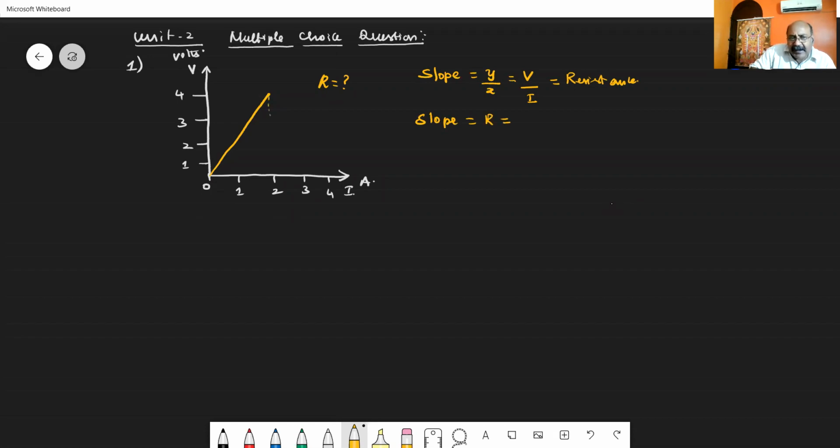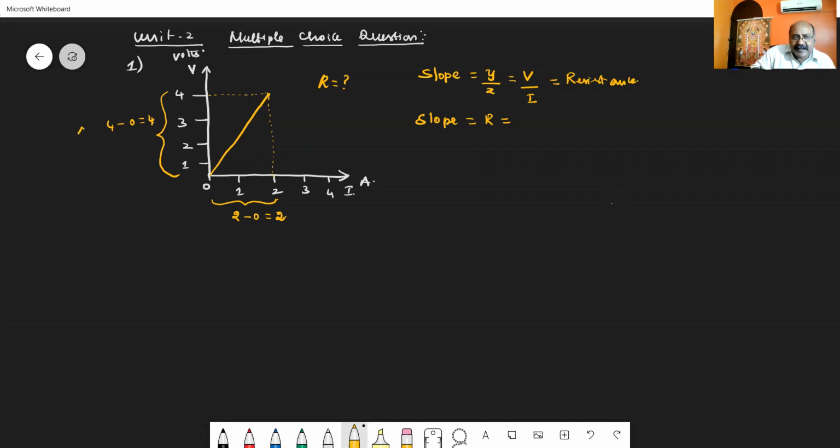Say I am dropping a perpendicular from this end to the x-axis and another perpendicular to the y-axis. This gives you the x-intercept, and this value gives you the y-intercept. So x-intercept is 2 minus 0, which is equal to 2, and y-intercept is 4 minus 0, which is equal to 4.